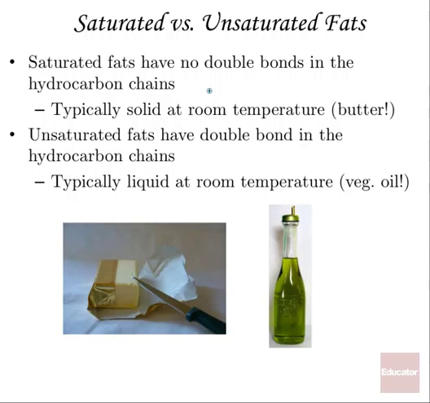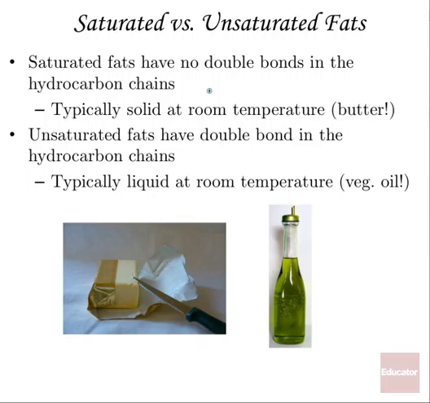I like to think of it like this, okay? This textbook, all of these hundreds of pages, are all very flat with respect to each other. They're not bent, they're not folded, and so it's easy to close the book and make it very dense. Think of a lot of saturated fats as being that way.